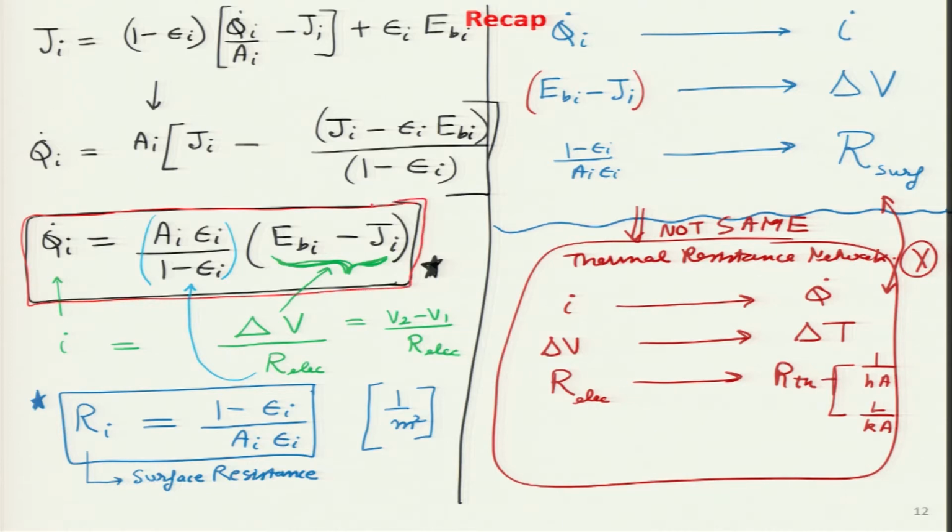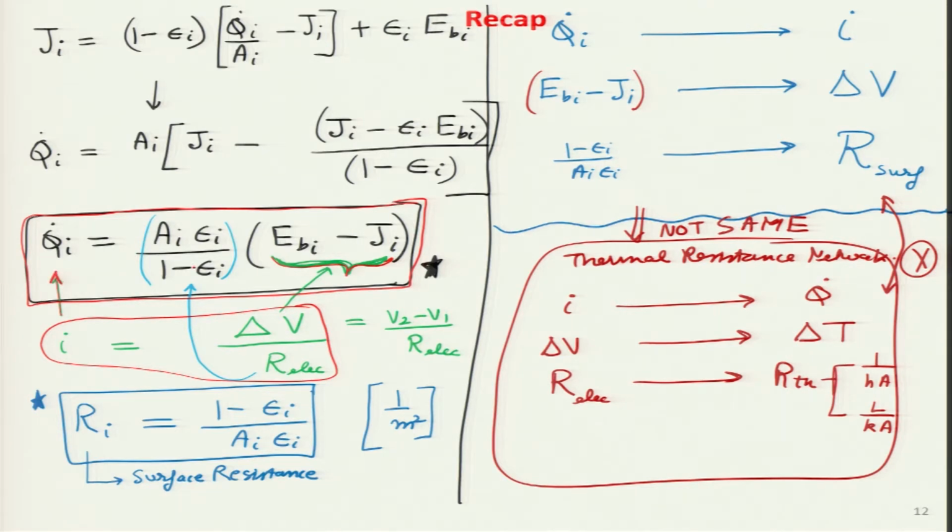And looking at this equation, we could see that there could be some voltage current analogy with the electrical resistance. What we figured out over here is that the difference in flux, that E_bi minus J_i, appeared like a voltage difference, Q dot i appeared like current flow.